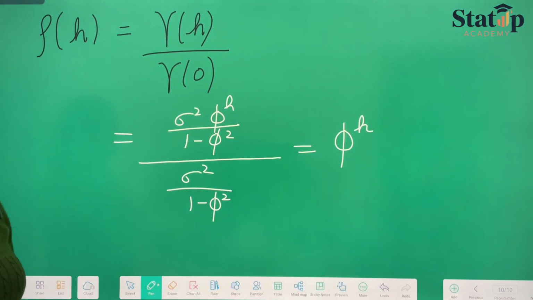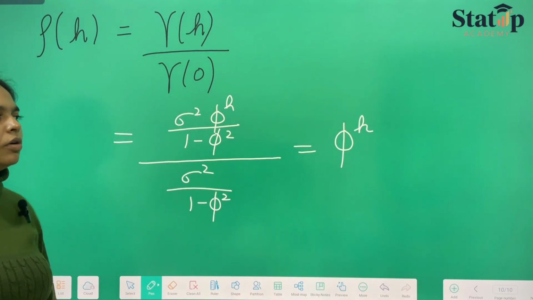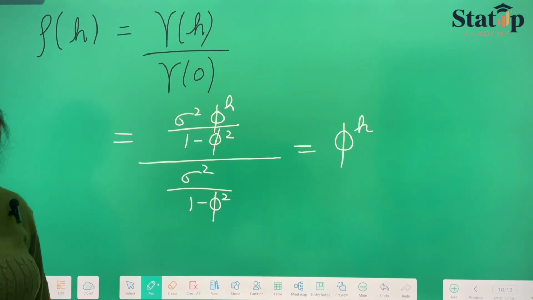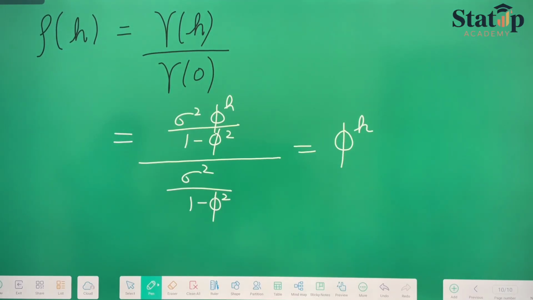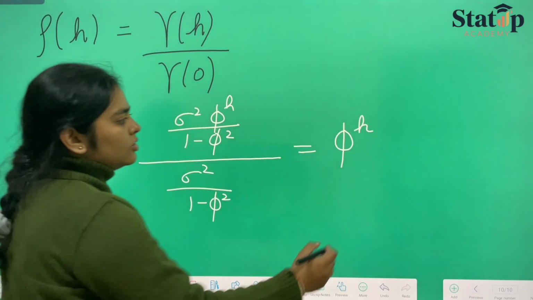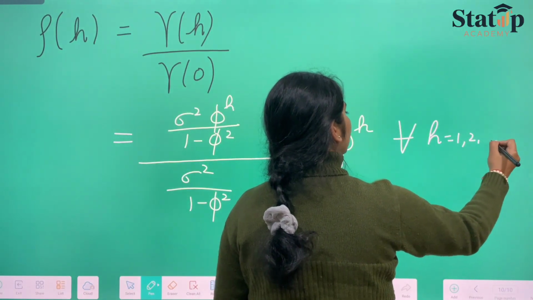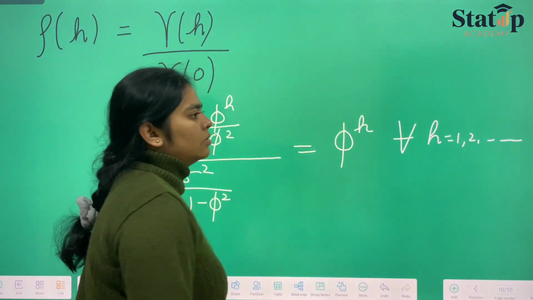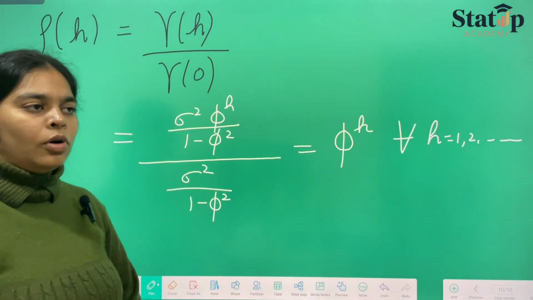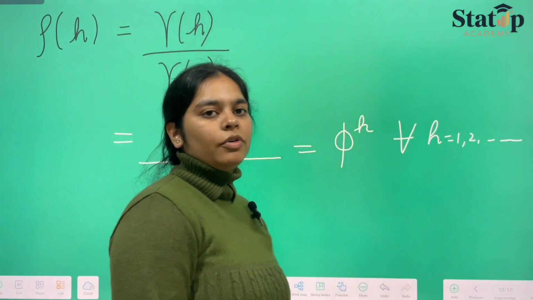So this gives you the autocorrelation function of the AR(1) model, and this holds for all h from 1 up till infinity. So this completes our autoregressive model of order 1.